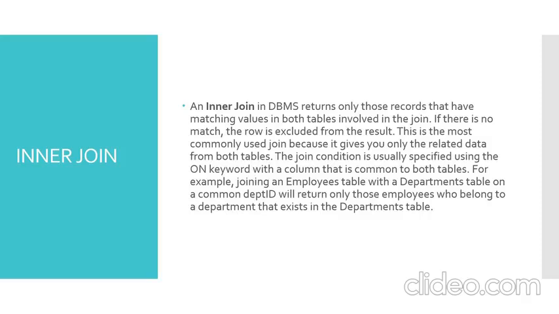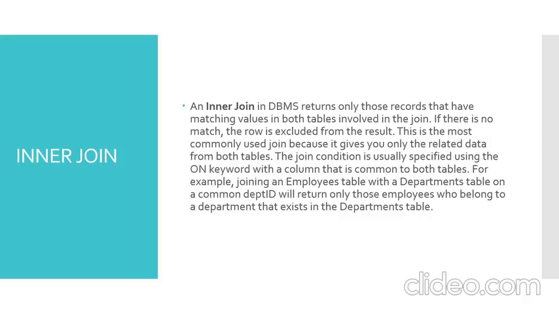If the two rows don't match, the row itself is excluded. This is the most commonly used join because it gives you only related data from both tables. It only gives the matching data.